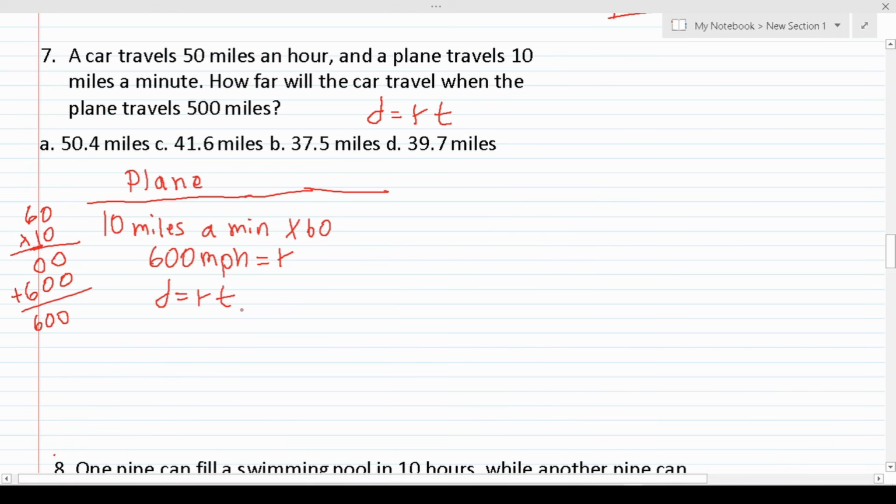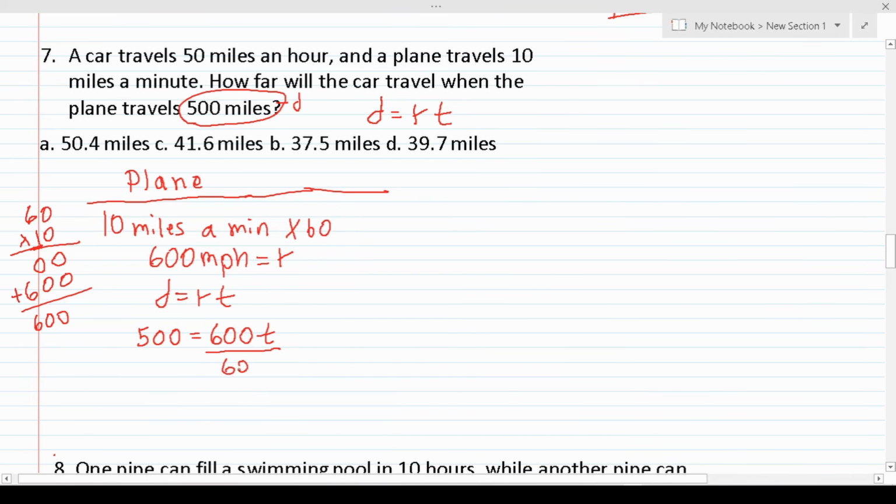We know the rate of the plane is 600 miles per hour, and we know the distance: the distance the plane travels is 500 miles, so that's our D. So let's plug things in accordingly now that we know them. We don't know how long that takes, but we do know that it is traveling at a rate of 600 miles per hour. And we're trying to figure out how long that takes, so we're going to leave T as the variable for which we're solving.